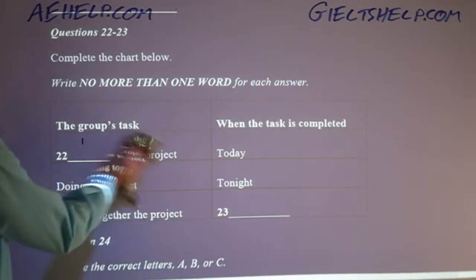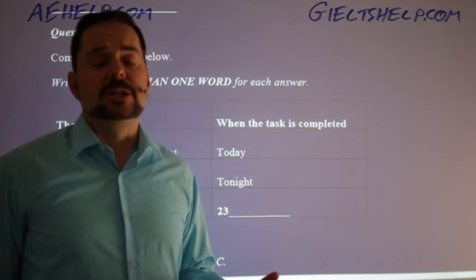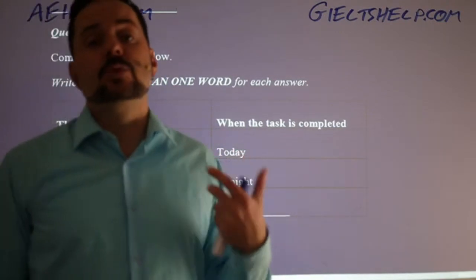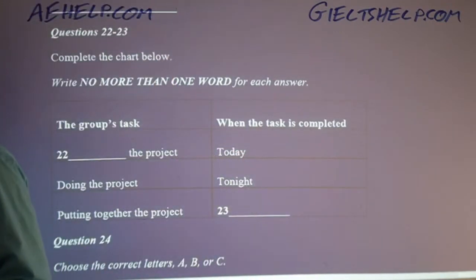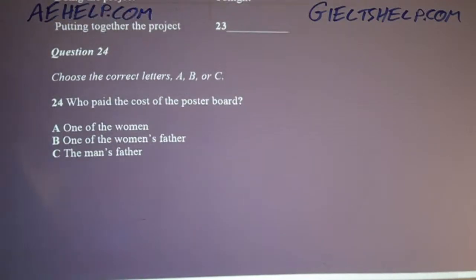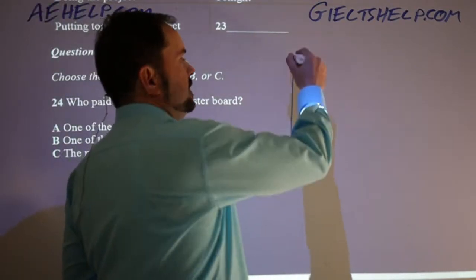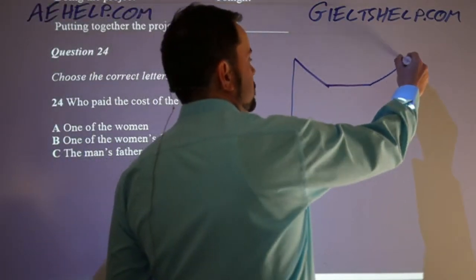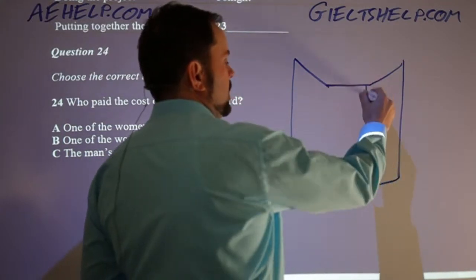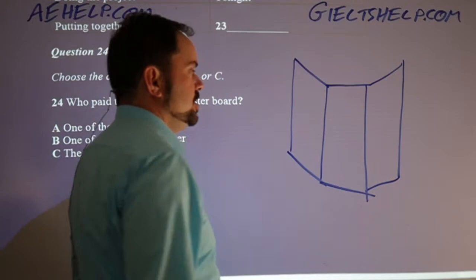Okay, and you should be visualizing this, okay? Imagine that you're one of the 3 students that's working on this project. Okay, so then they talk about this 3-board poster, and maybe you've done this kind of project in your school. It's very popular for science fairs, for class presentations.